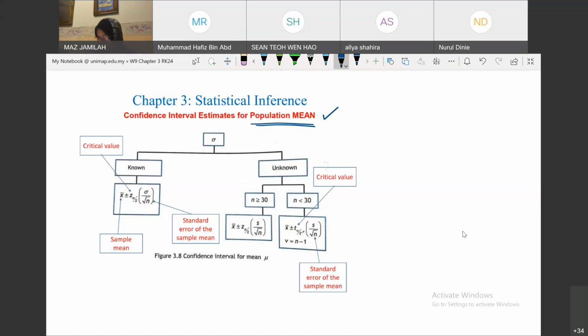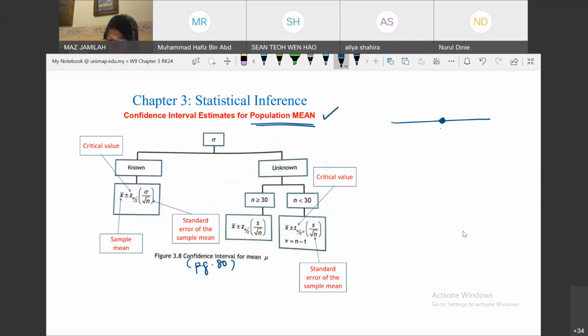Now, if you look at this particular diagram, you can find it on page 3.8, figure 3.8 on page 80. Okay, now let's say we are talking about the mean just now.